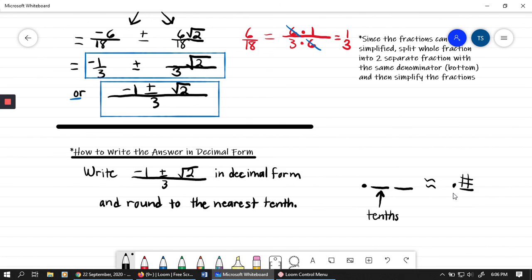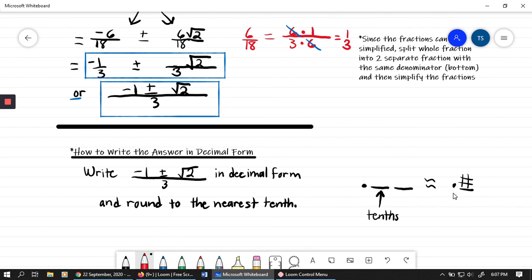But you will have to look at the very next number, and use that number right beside it to determine whether you're going to round up or round down. If you don't remember how to round up or round down, I don't really know what to tell you, to be honest with you.